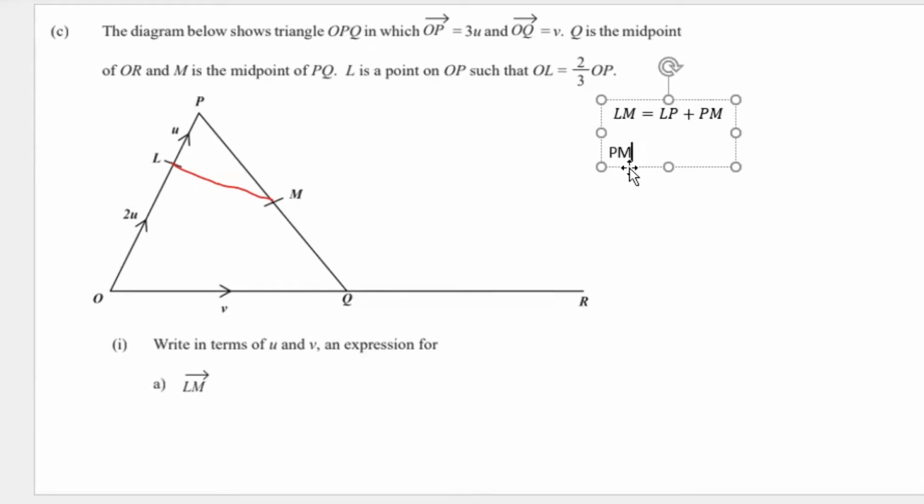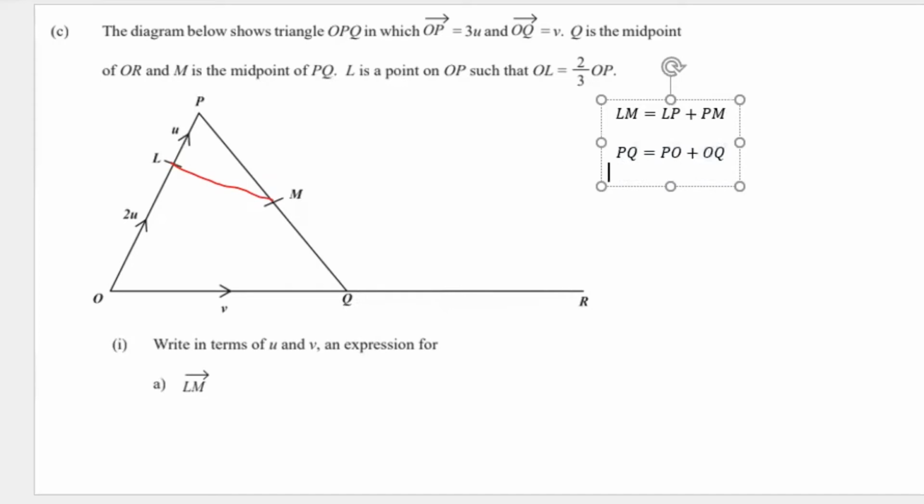Sorry, this should be PQ. So we're going to find first what PQ is. So for PQ, we are going to do PO plus OQ. So we're going in this direction to find what PQ is.